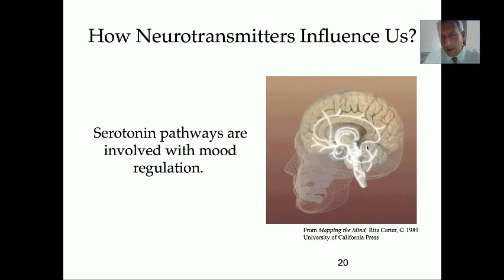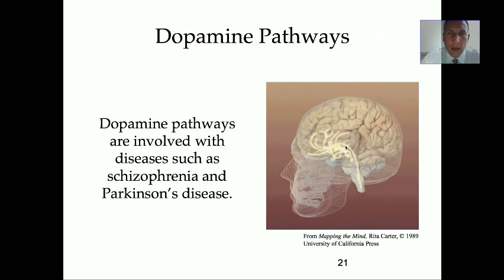And these pathways in here are specific to emotion. We'll talk about that more later in the course. Another neurotransmitter that is studied is dopamine. Too much dopamine is tied to schizophrenia, too little dopamine is tied to Parkinson's disease, and these pathways are where dopamine is found in large amounts.